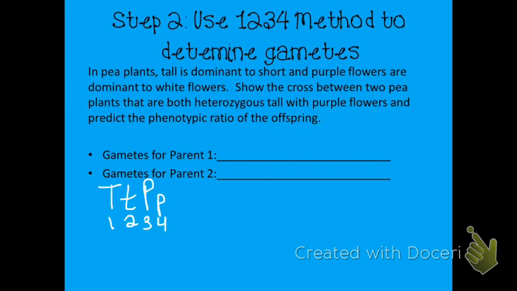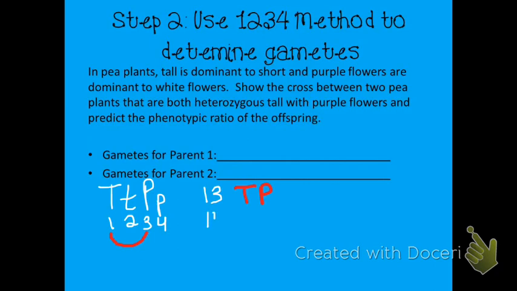And to figure out our gametes, you're going to do a series of different combinations of matching them together. So first we're going to put 1 with 3. When we match 1 with 3, that gives us a gamete of capital T, capital P. So that'll be our first gamete combination.